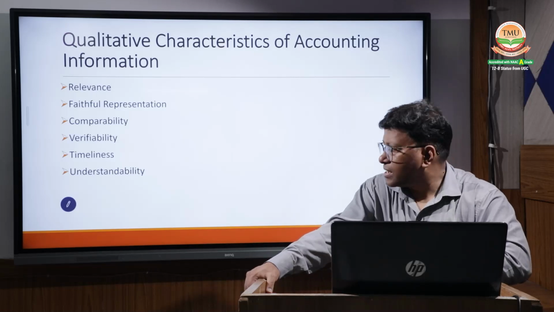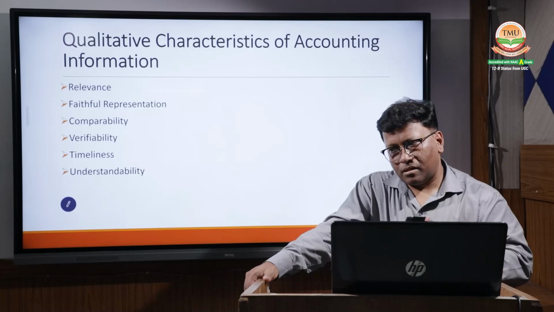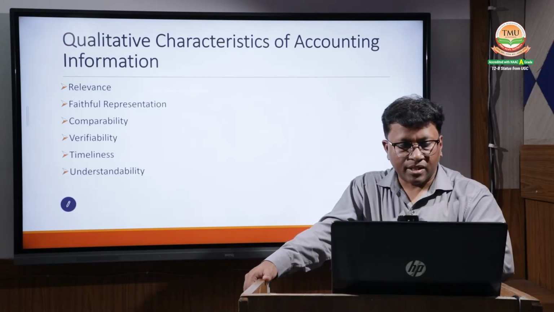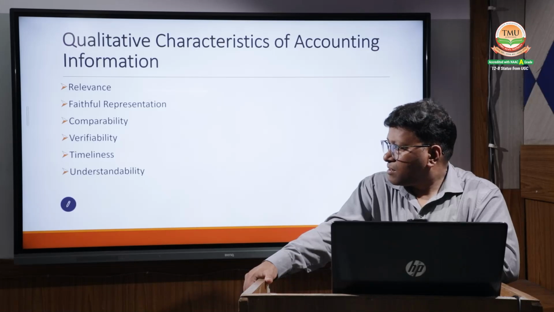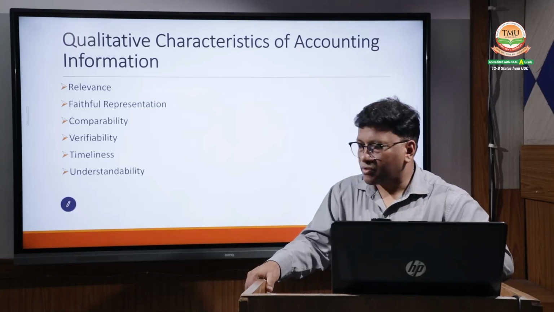And understandability means no doubt when the stakeholders are desiring some information from the accounting, and they have the capacity to understand the particular situation or the position of the company.